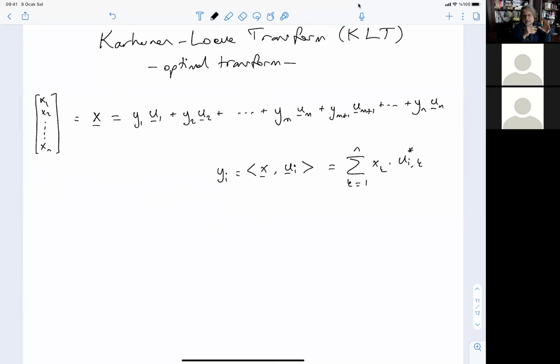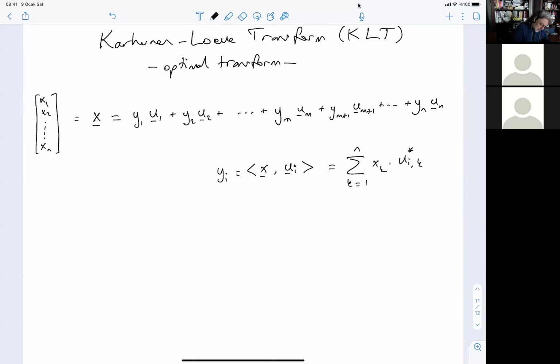Because in the inner product, the general formulation is to use the conjugate of the second term. This is in the form of a summation like this, because these two are straightforward finite length vectors. If they are continuous time functions, then the first signal will be multiplied by the conjugate of the second signal, and they will be integrated instead of summing up. But yeah, there we go.